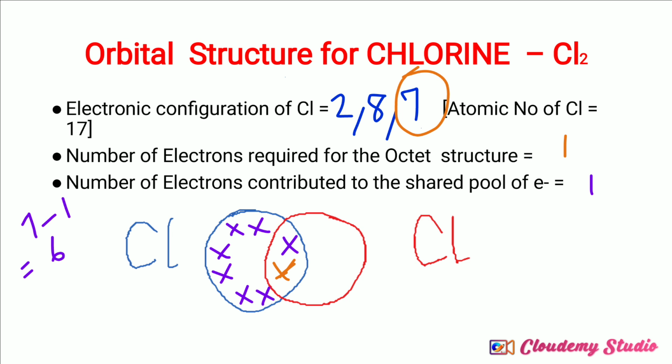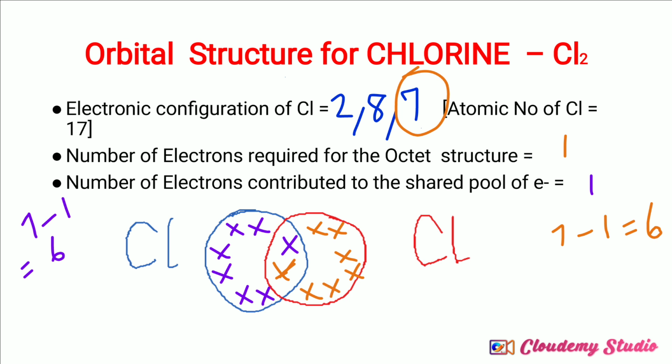Therefore, how many electrons need to be drawn? 6 electrons. Those 6 electrons we are representing here at the outermost shell.